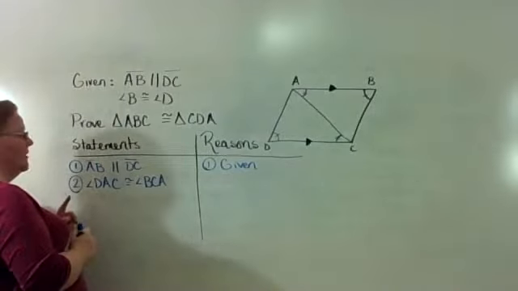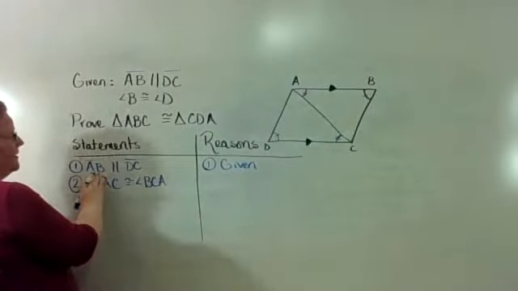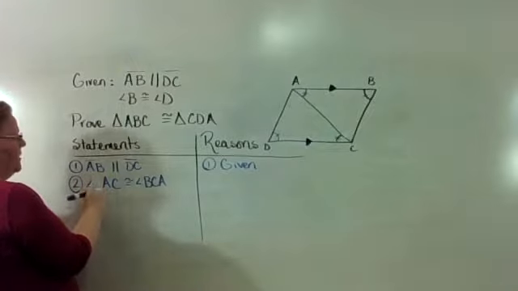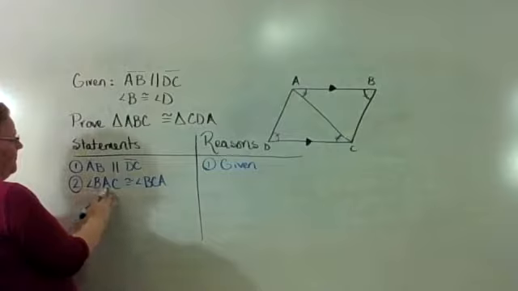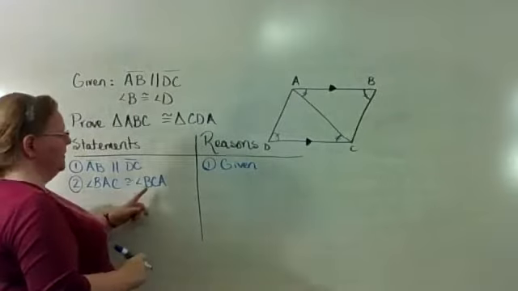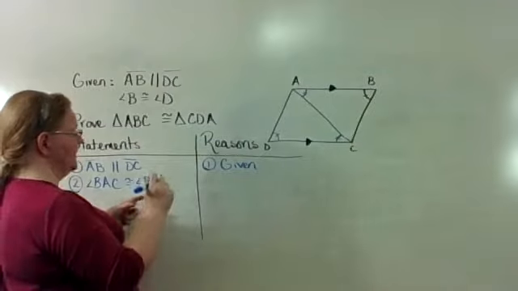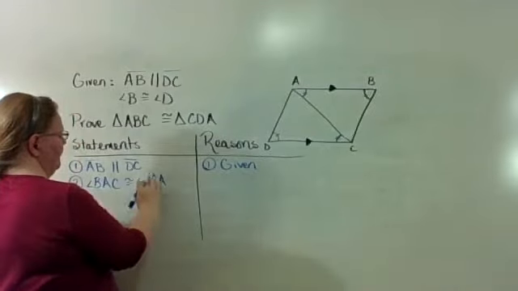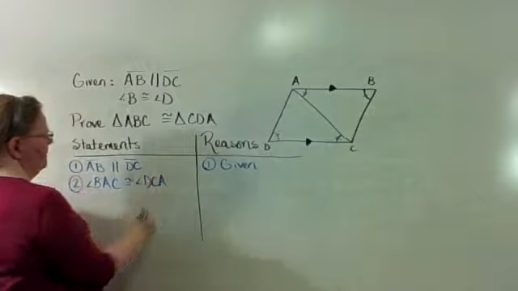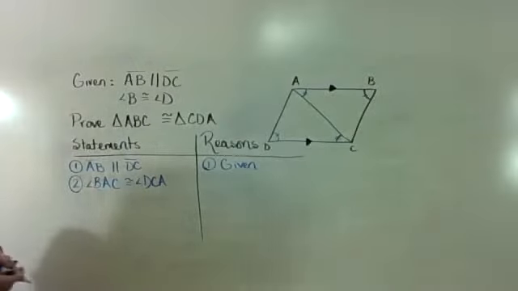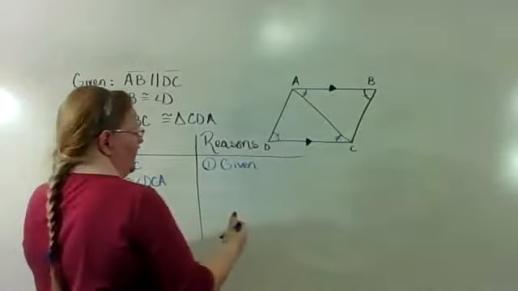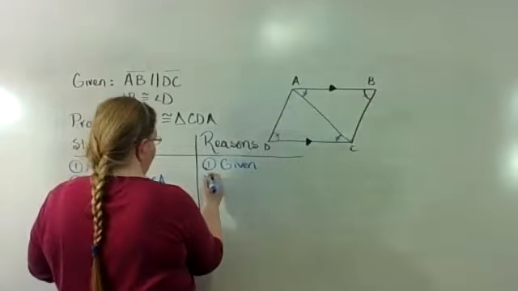So instead of calling it angle DAC, I better call it angle BAC. And instead of calling it angle BCA, I need to call it angle DCA. And we know that because they are alternate interior angles of parallel lines cut by a transversal.